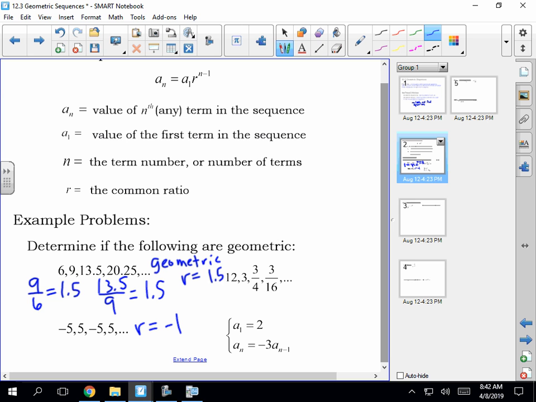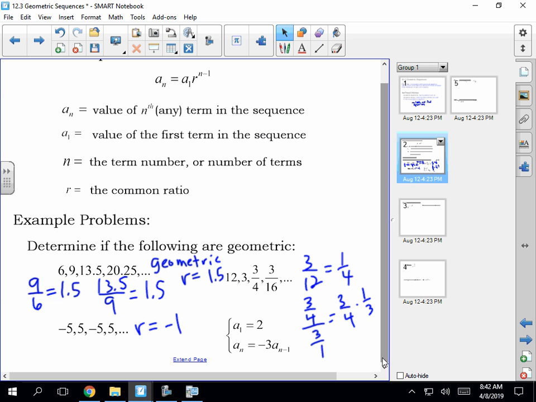What about the second one on there? 1/4. Okay, so if we take 3 over 12, that's equal to 1/4. And if we take 3/4 over 3, so 3/4 divided by 3, I think of that as 3/4 over 1 times 1/3, which equals 1/4.